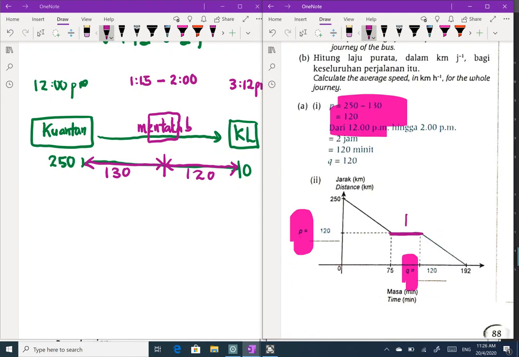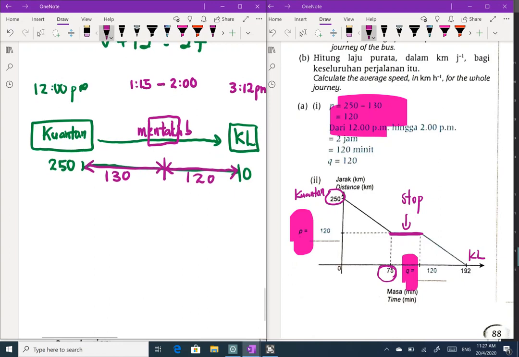That means I stop over here. 我在这里停，是不是？250 kilometer. I start from the Kuantan, go to KL. This is KL. That means this is Mentagap. I stop. May I know this 75 is equal to what?